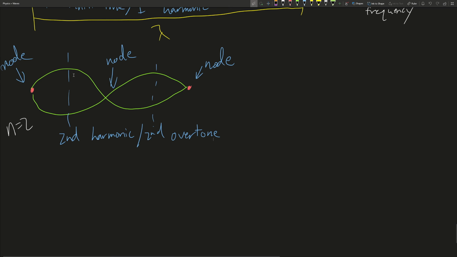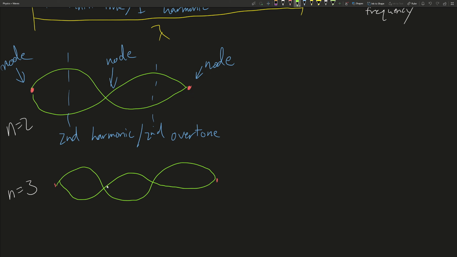And then you could also have an n equals 3 case. What n equals 3 would look like is you have three antinodes. So it would be something like that, where you have three antinodes and two nodes. And then you could have n equals 4, n equals 5, n equals whatever for two fixed ends, as long as it's an integer.